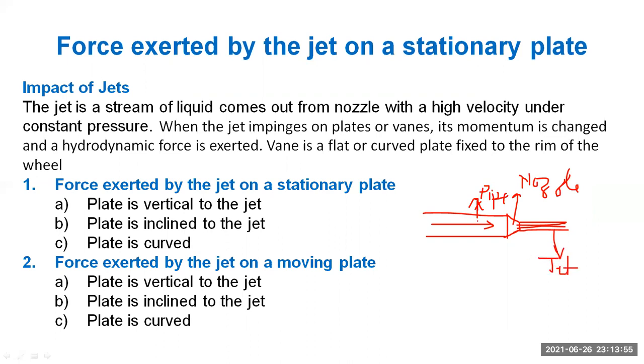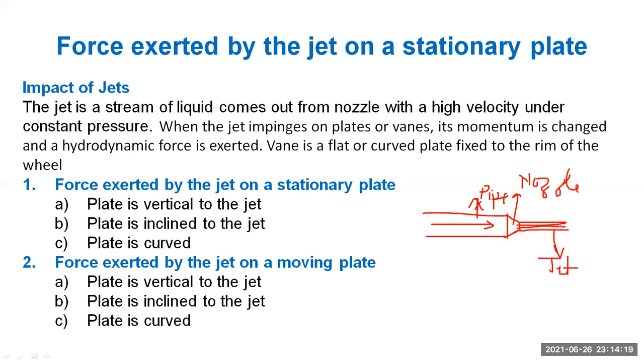At the end of the pipe, a nozzle has been fitted, where the water comes out with a very high velocity and also with a very high pressure. That water which comes through the nozzle is said to be a jet of water. So what is the impact of jet then?